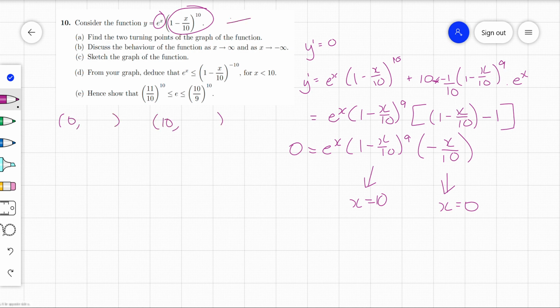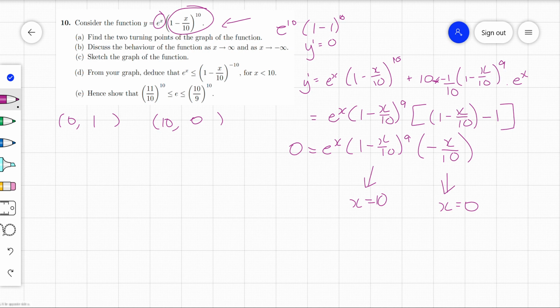If I put 0 back in here for x, e to the 0 is 1, and then I've got 1 to the 10, which is still 1. So 0, 1. And then if I put 10 in there, I'm going to have e to the 10, but here I'm going to have 1 minus 1, which is 0, to the 10. So I'm going to get a 0. Anyway, so they're my two stationary points.